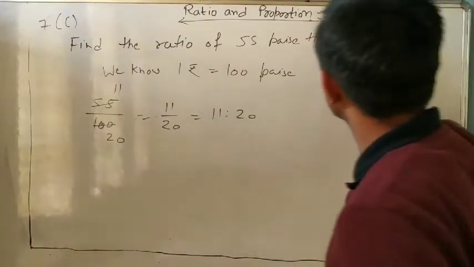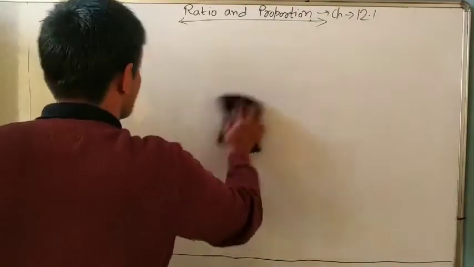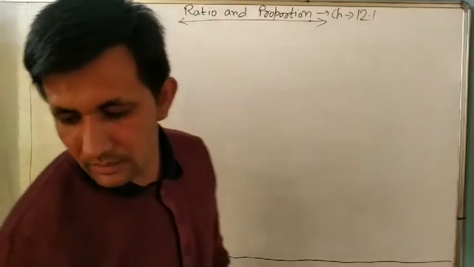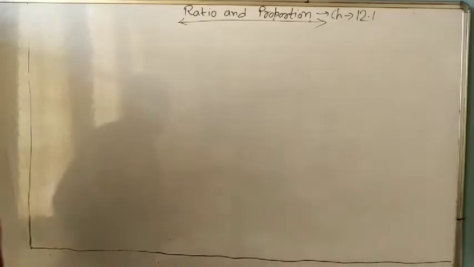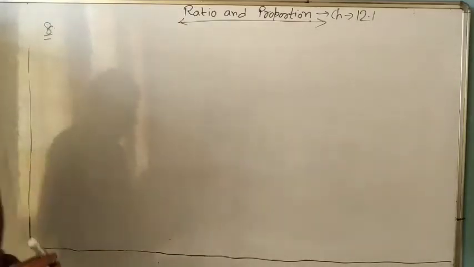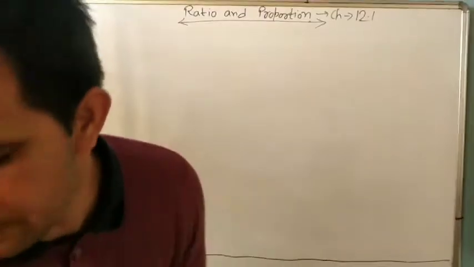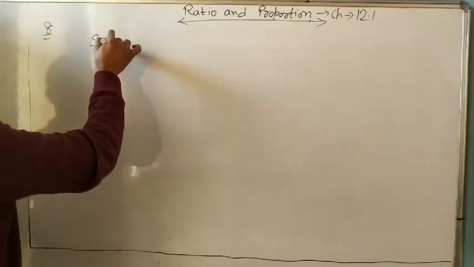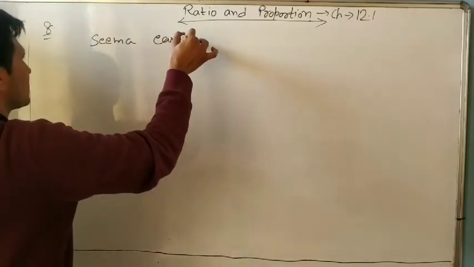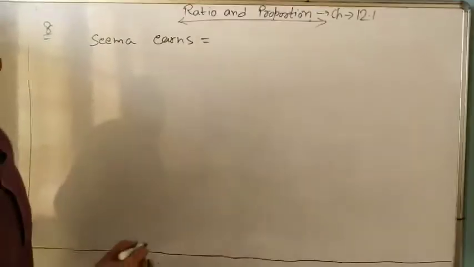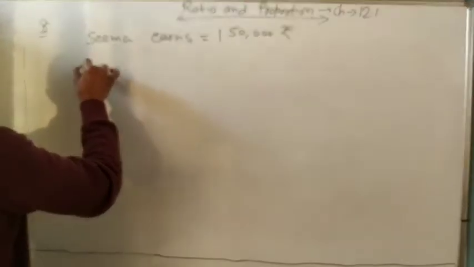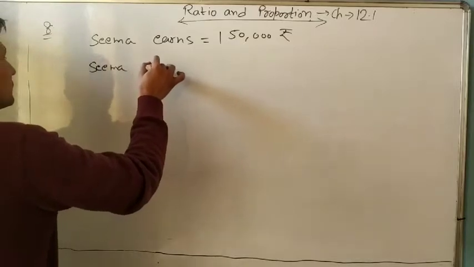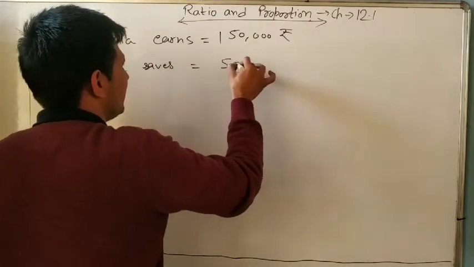Okay. Next. Question number 8. In a year, Seema earns 1,50,000 rupees, and she saves 50,000.